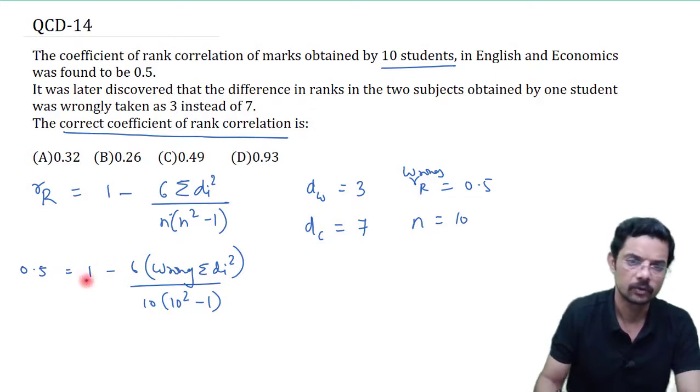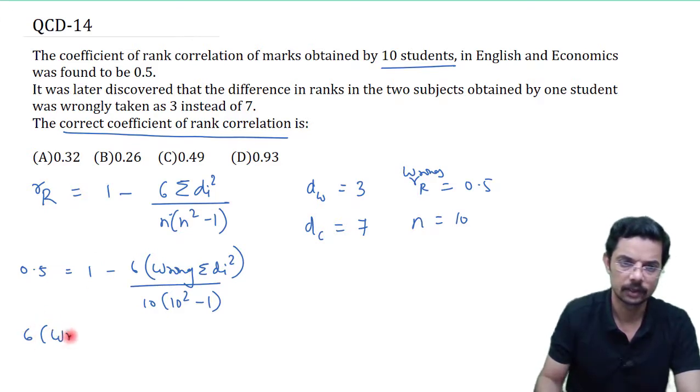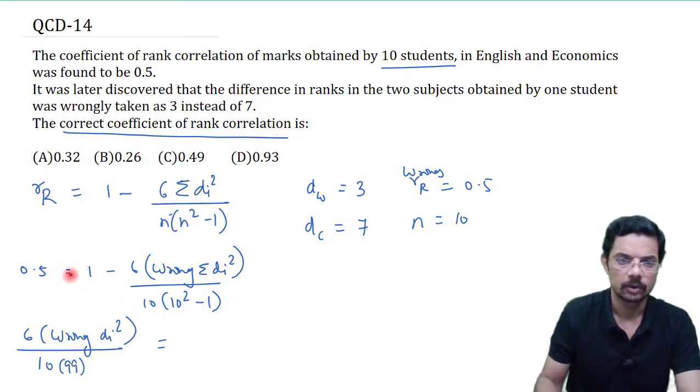This formula will give you the correct value. So 6 into the wrong di square, divided by 10 into 99, will be equal to, can I take this 0.5 to this side? Taking it to that side, 1 minus 0.5 will give you 0.5.